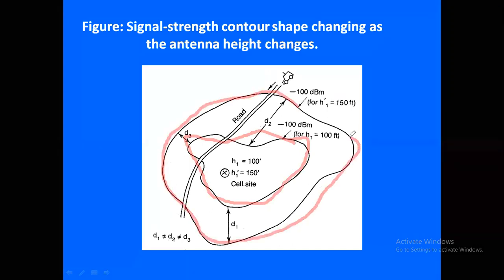This is for minus 100 dBm and this is also for minus 100 dBm. So as you can see, the antenna height has different effects.